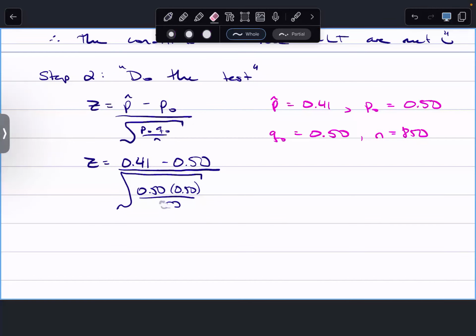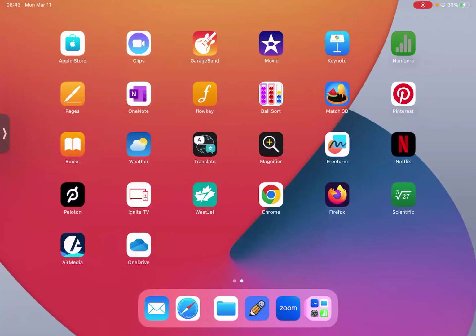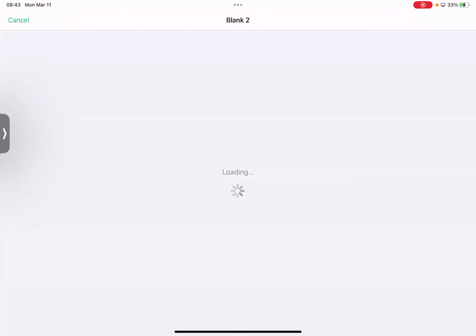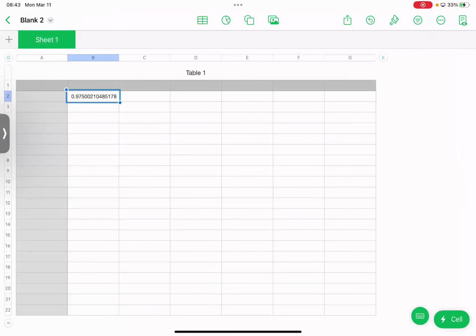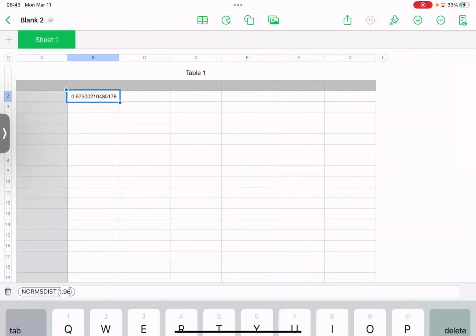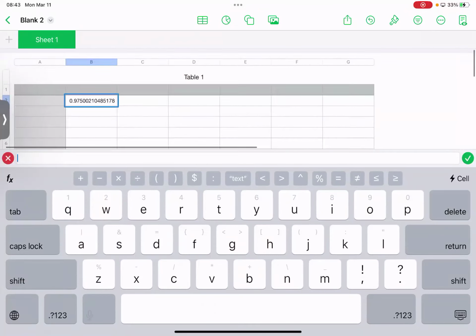This doesn't look like... Okay, let's see. Where's my numbers? See, it was working, but I'm not very good at using it.